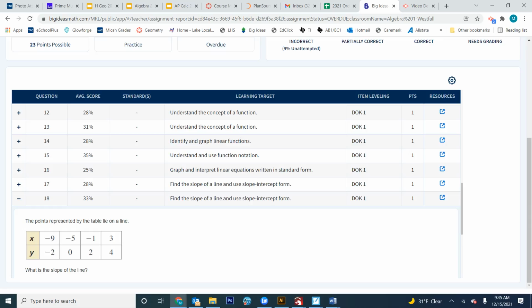Hit the slope. What am I going to do? You're gonna do negative 2 minus 0 over negative 9 minus 5. Careful. It's got to be negative 9 minus a negative 5. You said negative 9 minus 5, and that is not how you say it. Make that positive. What's it turn to on the top?